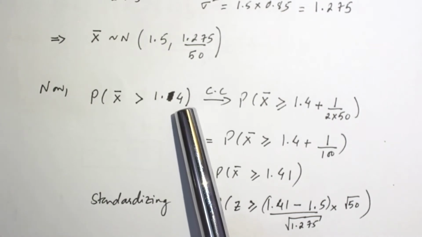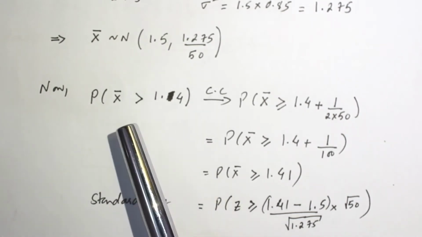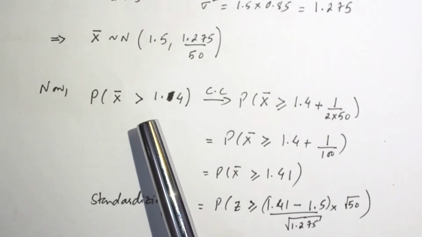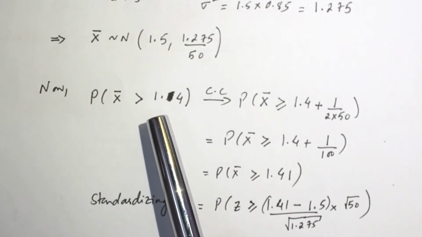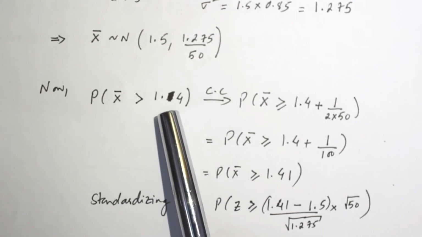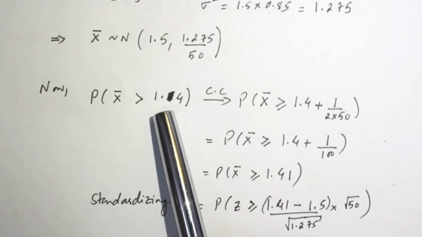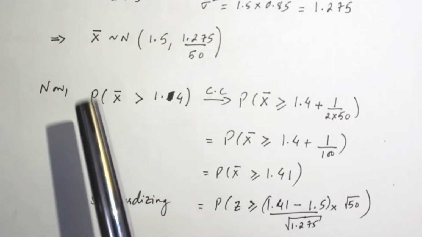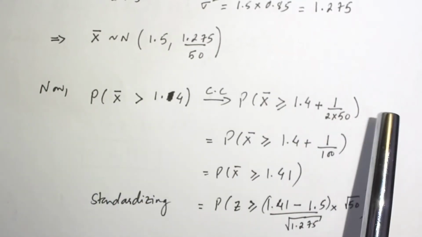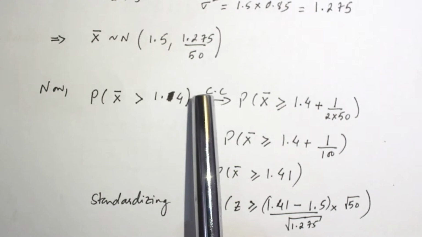So as you know, the variable we took here was a discrete variable, and also we know that the normal distribution is a continuous variable. So when we are approximating a discrete variable to a continuous variable, we have to do continuity correction.